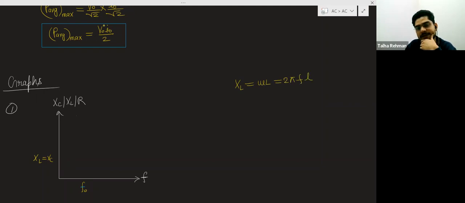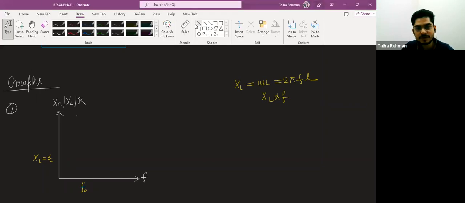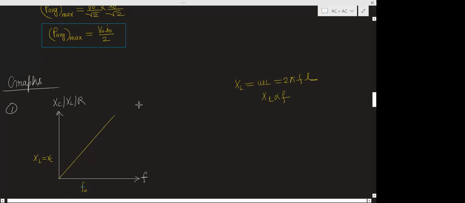So XL is directly proportional to frequency. So the graph of XL versus frequency will be a straight line passing through the origin like this. This will be the graph of XL.